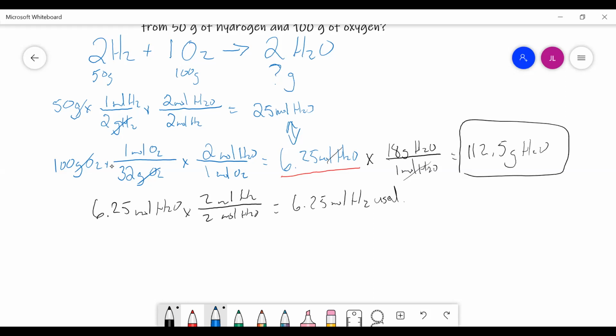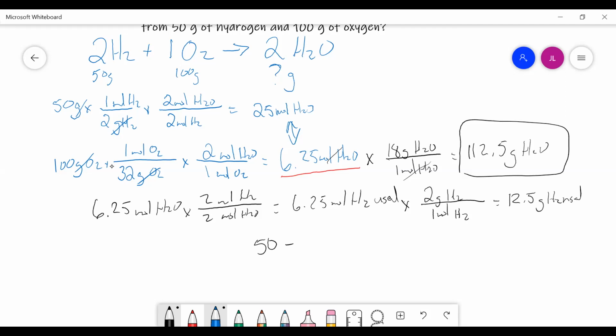Now convert that into grams. 2 grams of H2 per mole of H2, times 6.25, is 12.5 grams of H2 used. We started with 50.